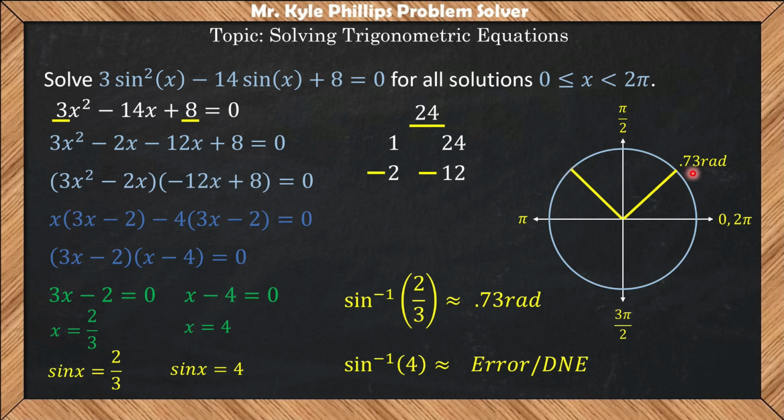Now we got 0.73 radians in quadrant 1 because we started at 0 and went up 0.73 radians. The way we find the radian value here is we're going to subtract it from pi. So we're going to say pi minus 0.73 radians, and that's going to give us 2.41 radians. So when it says solve for all solutions, my two solutions are going to be 2.41 radians and 0.73 radians.